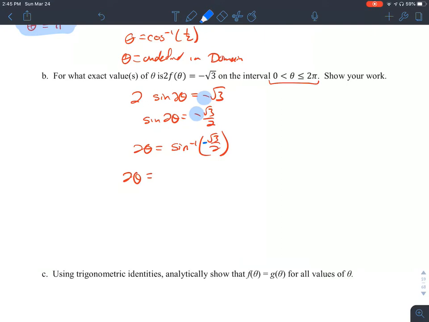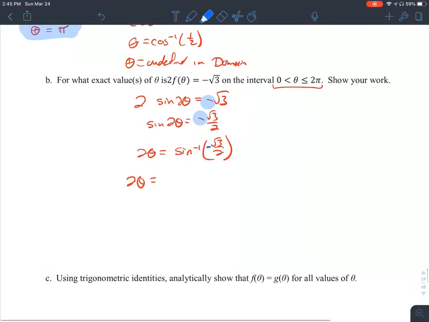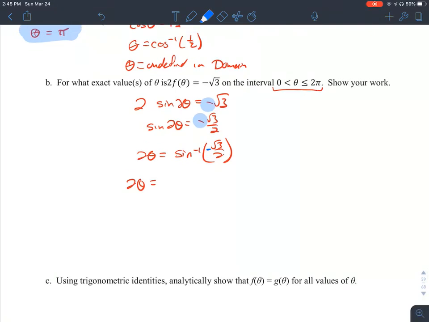This was a negative, negative, still negative. So that means that's going to happen in quadrants 3 and 4. Just make a quick drawing of that. If you don't need to make this drawing to do this right, don't. I need to.